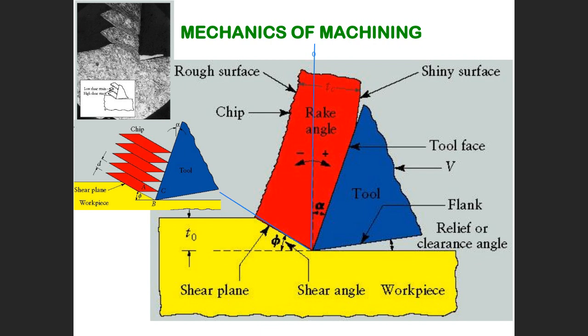This one we call the shear plane. Why do we call it the shear plane? Because here the tool is shearing the material in this plane. As you can see, the tool is pushing, moving in this direction, right?